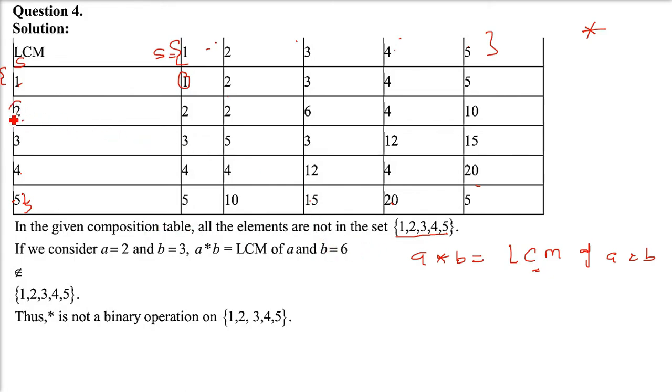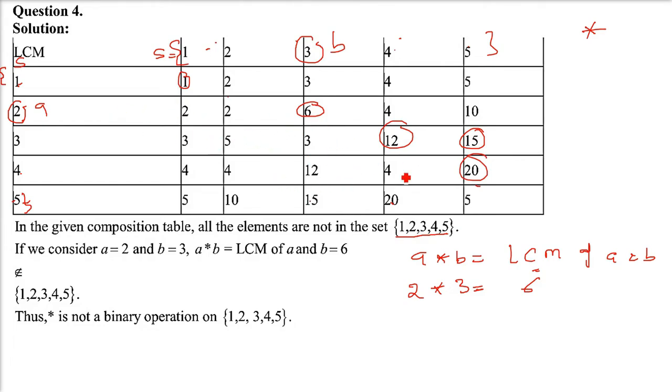Let us take a as 2 and b as 3. So 2 star 3. What is the LCM of a and b? 2 into 3, that is 6. So 6 is there, but it is not in the set. Neither 6 nor 12, 15, 20.